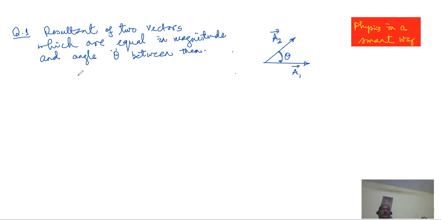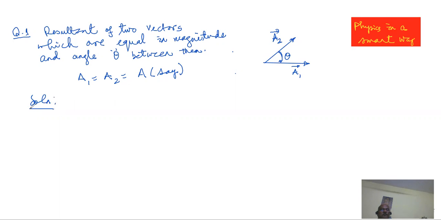As A1 magnitude is equal to A2 magnitude, let us consider that as A. So each of them has a magnitude A. If I am interested in finding the resultant, I am taking your side and solving it.